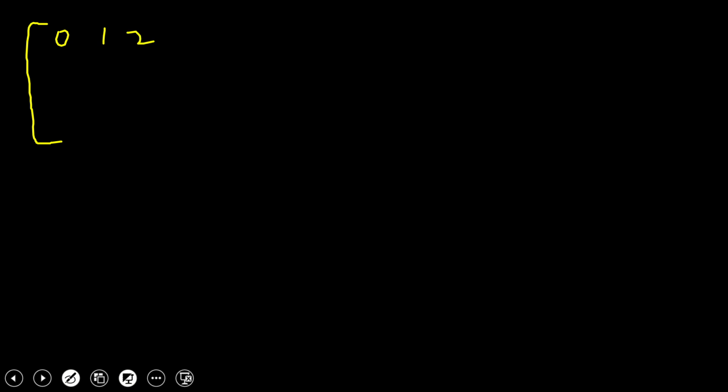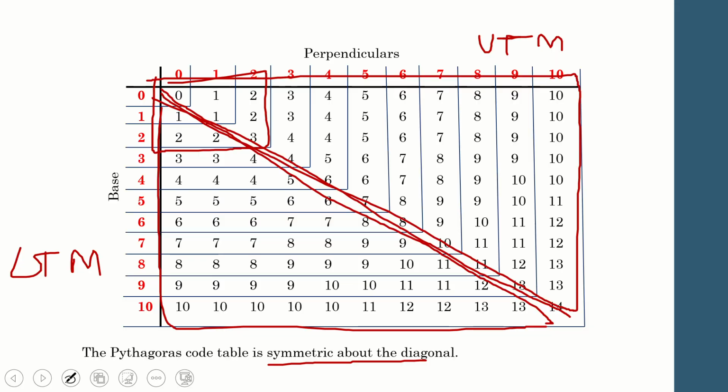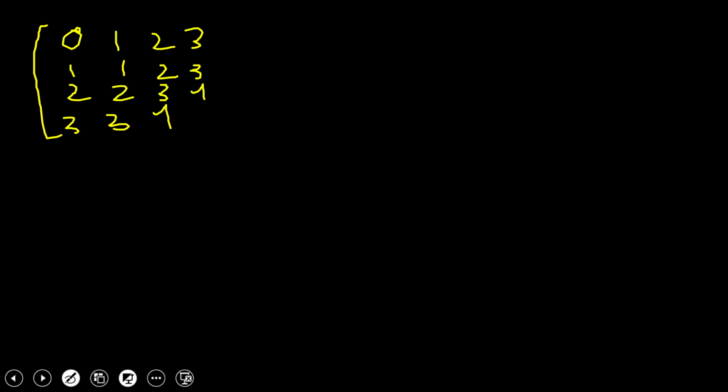0 1 2 3, 1 2 1 2, 2 2 3 3, 3 3 4 4. So this is another example.